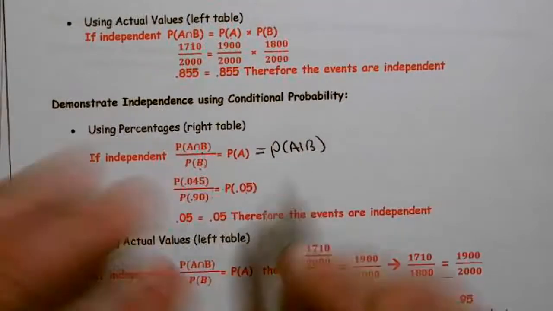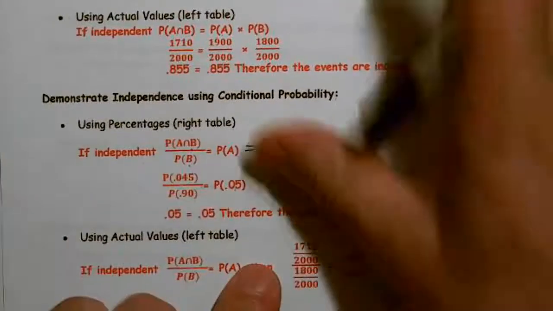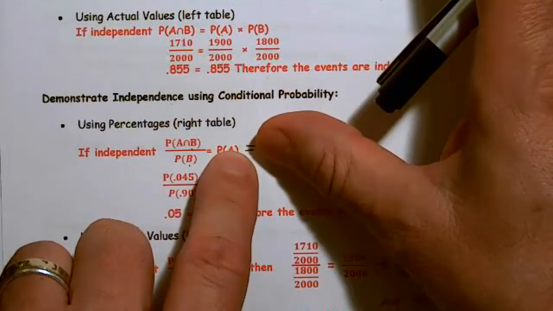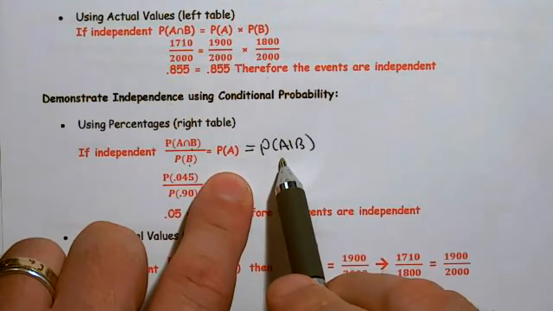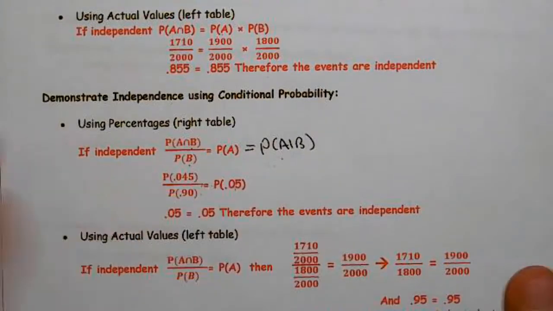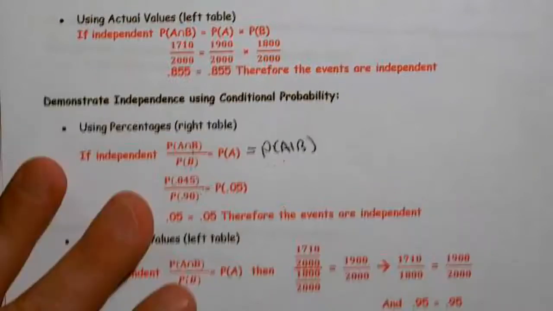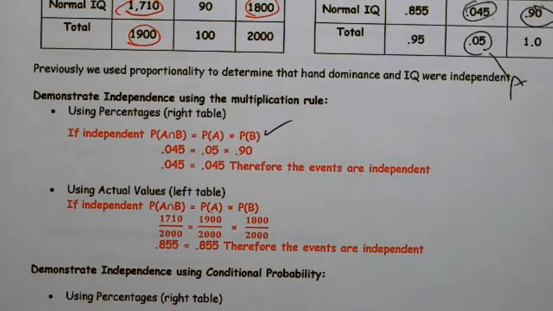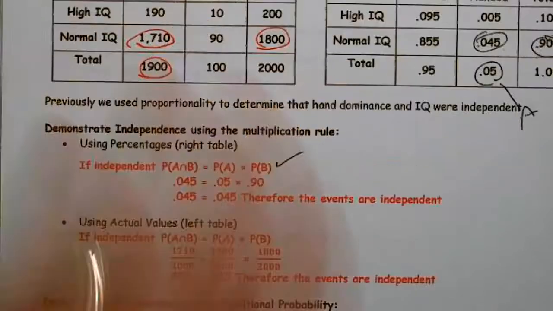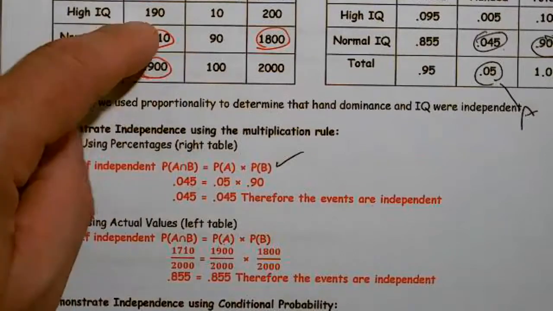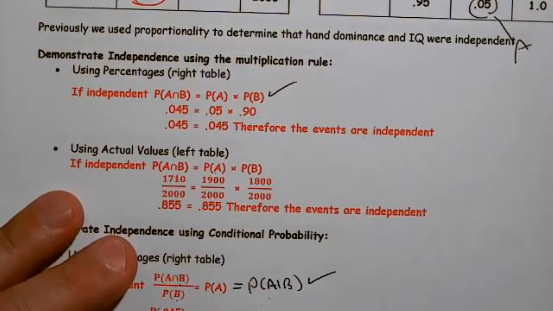So please remember, if independent, A intersect B over B equals A, and that equals the probability of A given B. There are times that you're going to be required to use this method. Most of the time, the multiplication rule works really well. Sometimes proportionality is going to be useful. You're going to need to know these three methods: proportionality, the multiplication rule, and conditional probability.